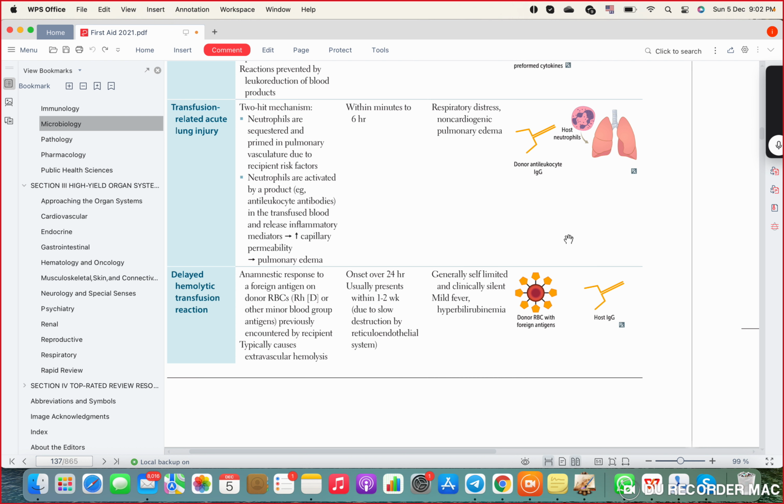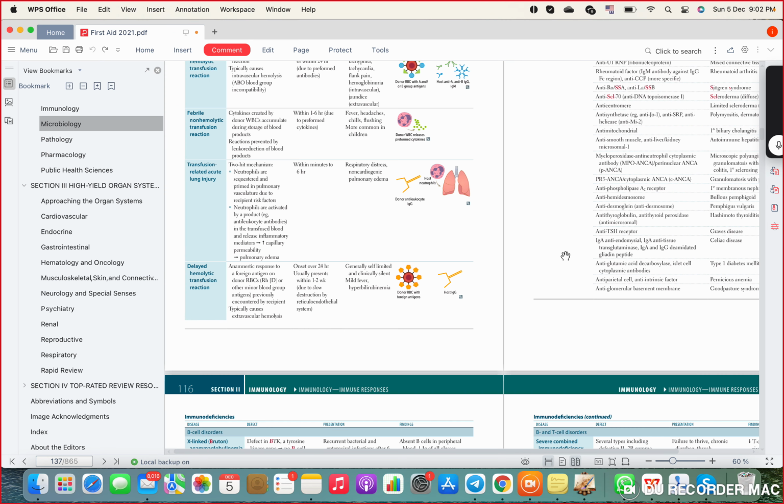Now the delayed one. Tell me about the delayed one. So, delayed is similar to the Rh incompatibility, I mean, the erythroblastosis fetalis, doc. During the first exposure, just a very small response happens to the antigen exposure.